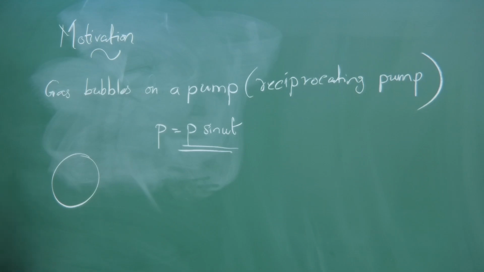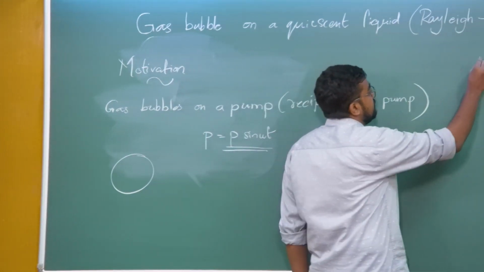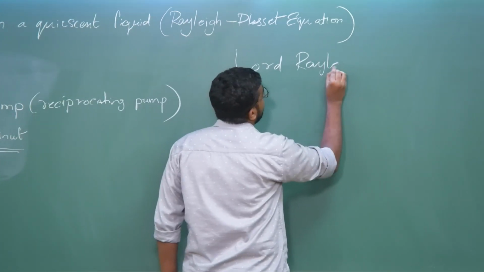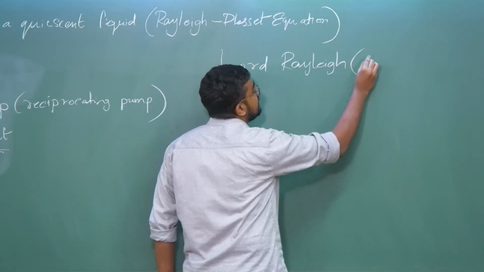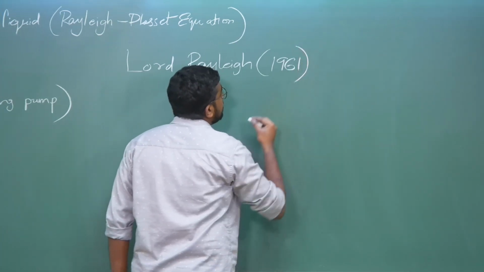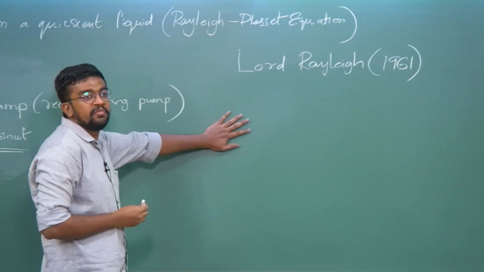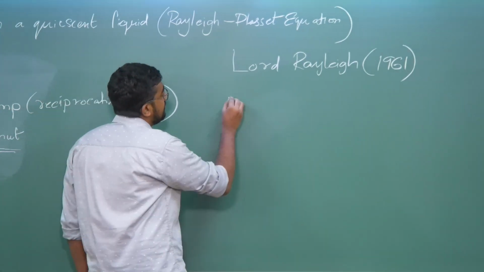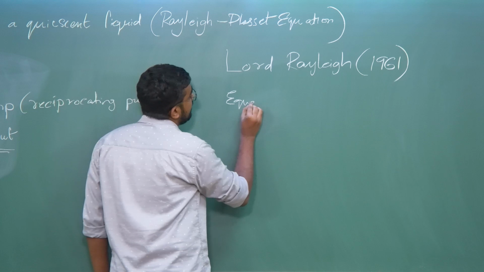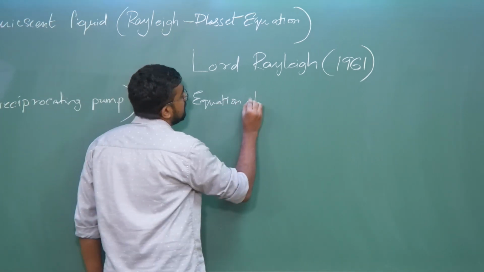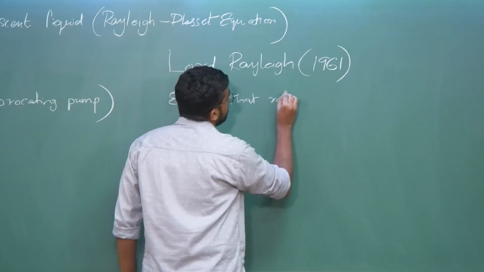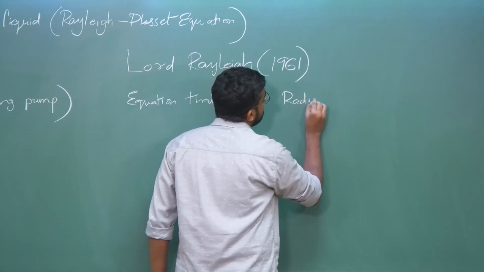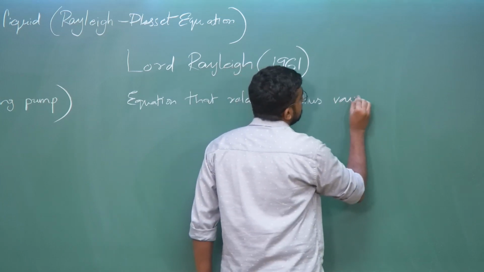Lord Rayleigh, in 1961, was trying to derive this problem, and what he did is he found an equation that relates the radius variation with respect to time.